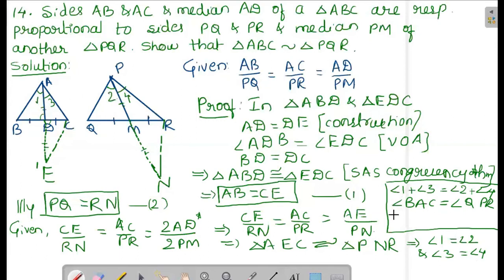Then from the given and angle BAC is equal to angle QPR, we can say triangle ABC is similar to triangle PQR. Okay, this is problem 14.